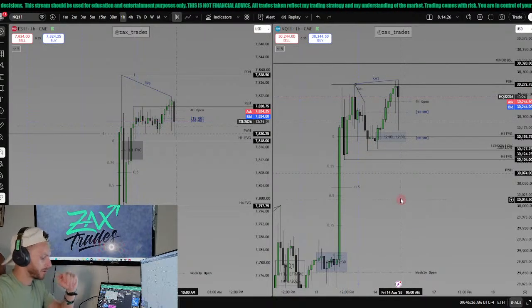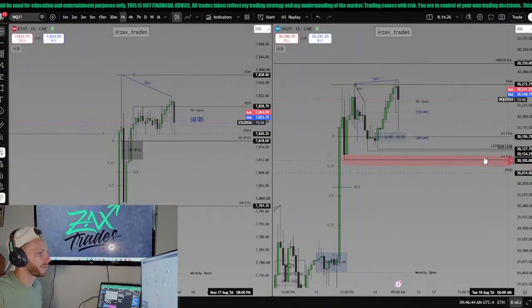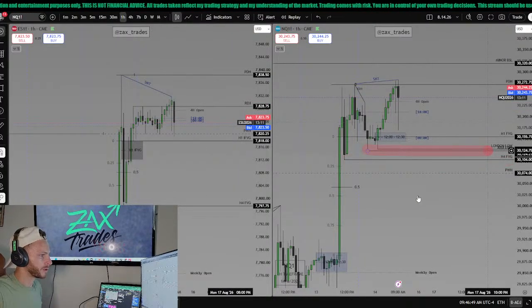We need to be very wary here that anything you take long, you got a 4 hour unmitigated right under you, and then you got your overnight lows basically stacked on each other right underneath you.